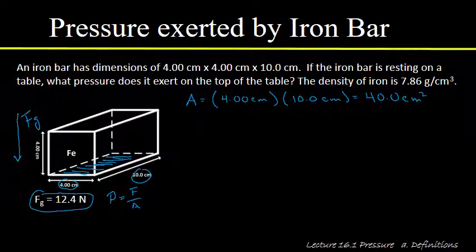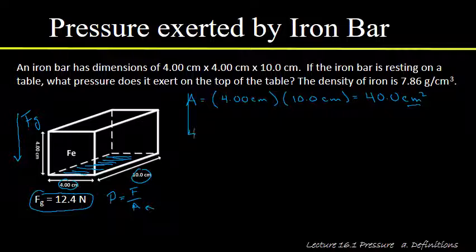And that's correct. It gives us a little bit of a problem because when we put our units in to do our calculation of pressure, this area down here needs to have units of square meters, and we've got square centimeters. So we're going to have to do an extra little conversion here. It's not tough, but there is a little trick to it. So let's take a look at that.